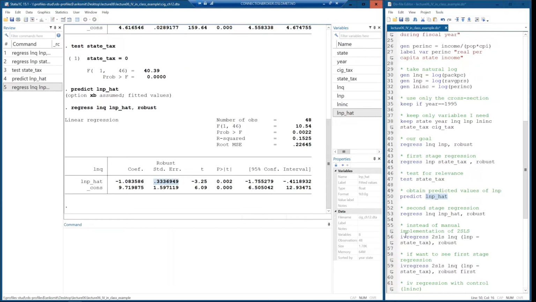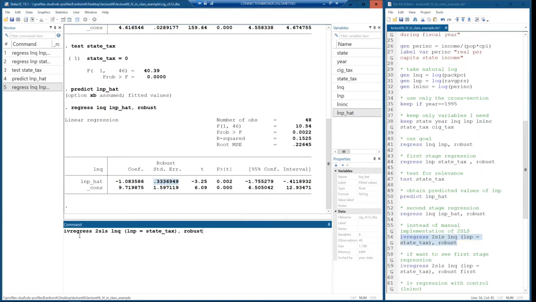A solution to this is to use the function ivregress in Stata, and we just define that it should use the two-stage least squares method, and the y variable is the logarithmic transform of the quantity. And here we can define the instrumental variable.